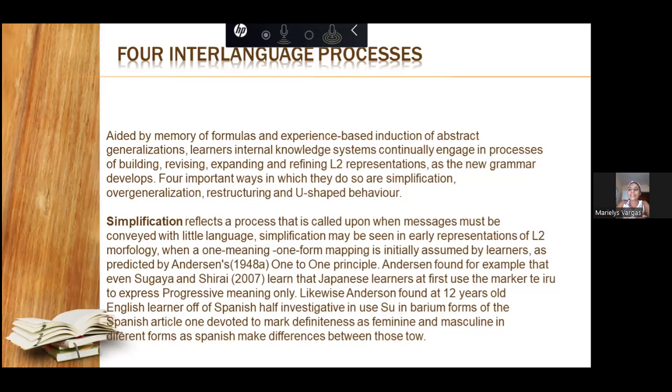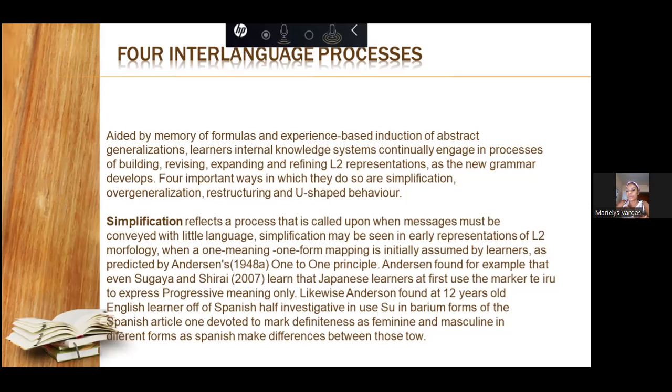Overgeneralization is the application of a form or rule not only to contexts where it applies, but also to other contexts where it does not apply. Overgeneralization can be apparently random, or it can be systematic. Restructuring is the reorganization of grammar knowledge representation.